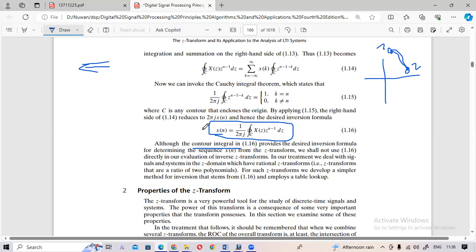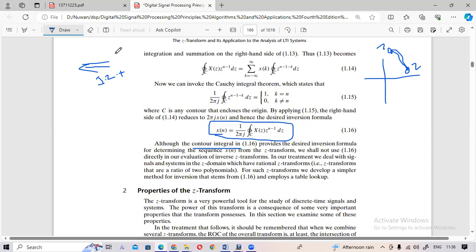So when we are finding the inverse Z transform, we are not going to use this contour integral because it is mathematically very complex. We have some other techniques for finding the inverse Z transform. We will come to that part, don't worry, we will learn it.